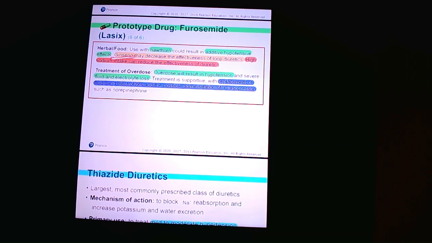Hawthorne is a reoccurring one. Hawthorne, for some reason, is more hypotensive. So if you remember Hawthorne hypotensive with the diuretic, it makes more hypotension. And that's for all of the diuretics, which is again very nice because now that applies to all of them. Ginseng, on the other hand, decreases the effectiveness of the diuretics. So maybe we could come up with ginseng cancels out the diuretic.